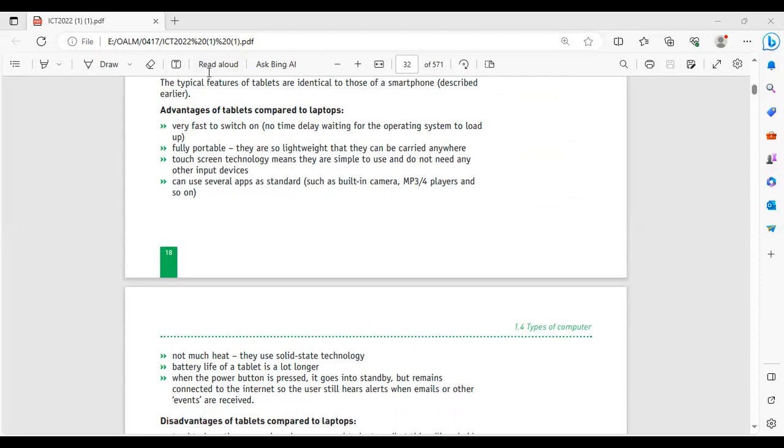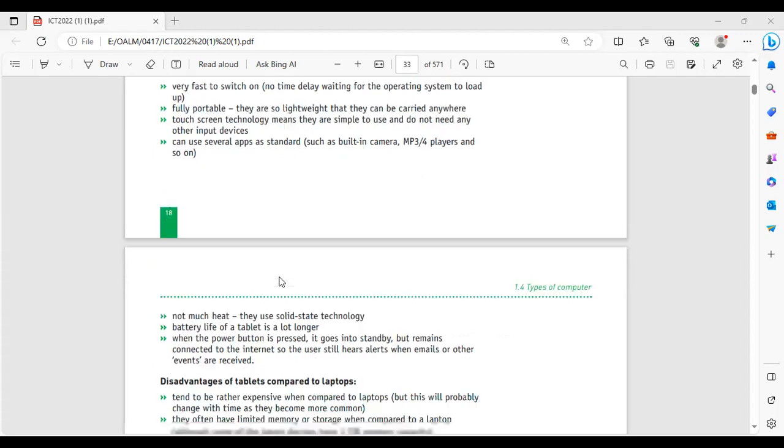They are fully portable and lightweight, so they can be carried anywhere. It's touchscreen technology, so they're simple to use, they don't need any other input devices, and they have several apps as standard, such as a built-in camera. Good. You explained very well.